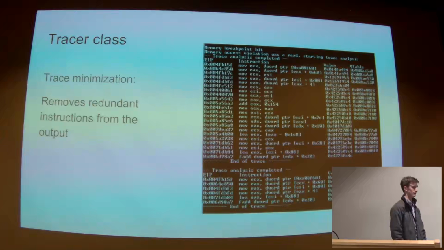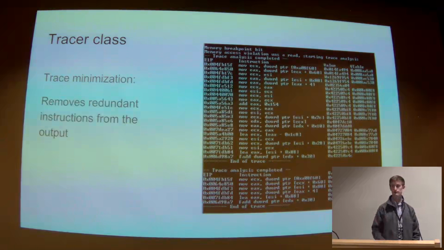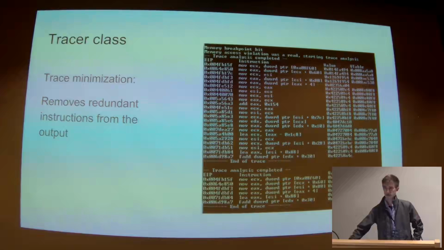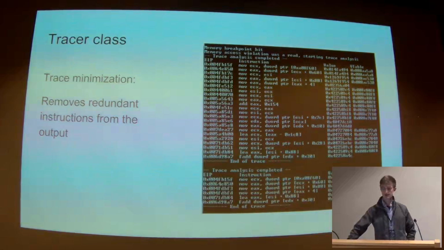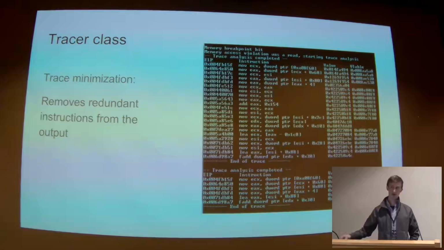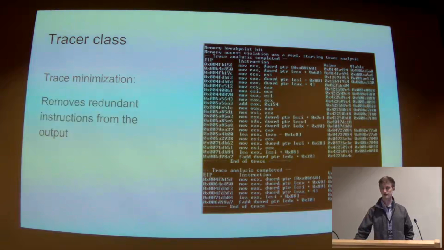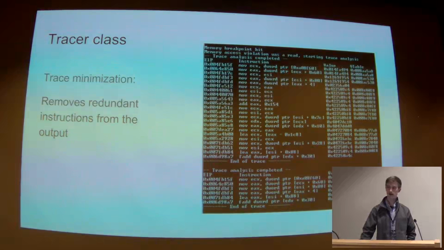Definitely. What would you do to defeat tracing like this if you were writing a cheat? That's a good question. I thought about it a little bit, but haven't come up with anything. Maybe some kind of control flow thing where you have to hit certain addresses first. I don't really know.